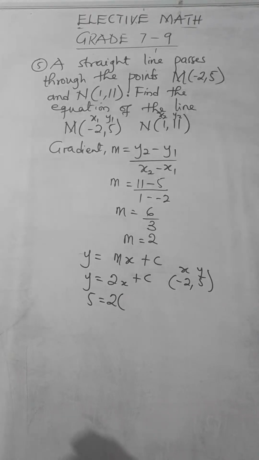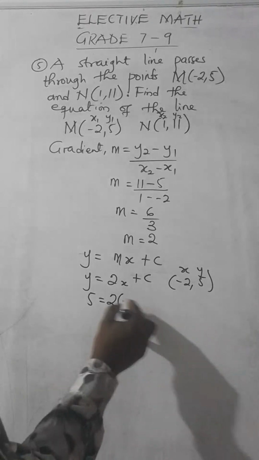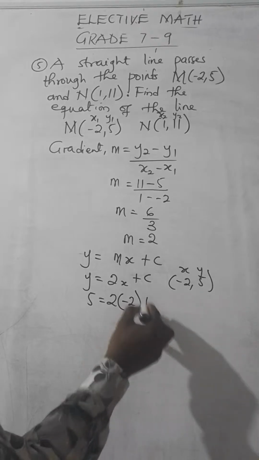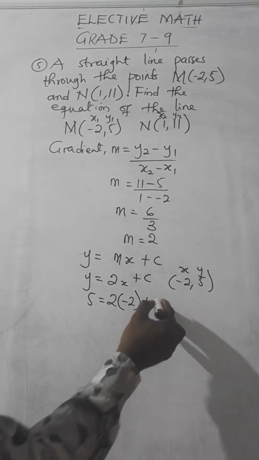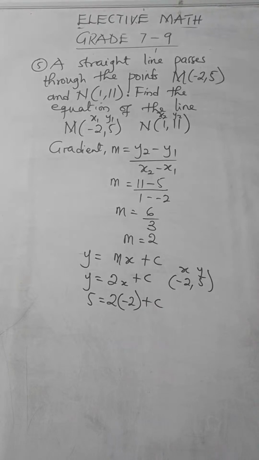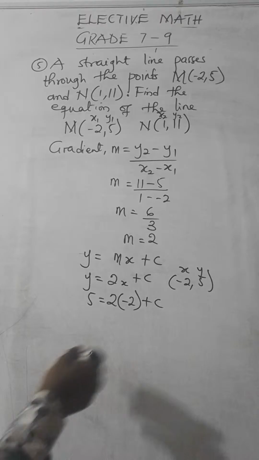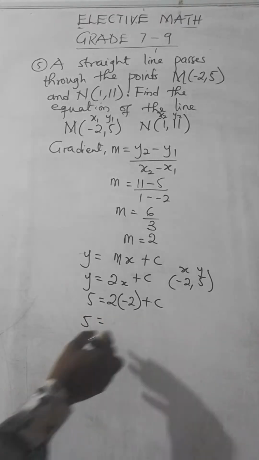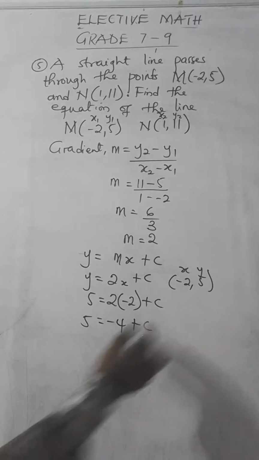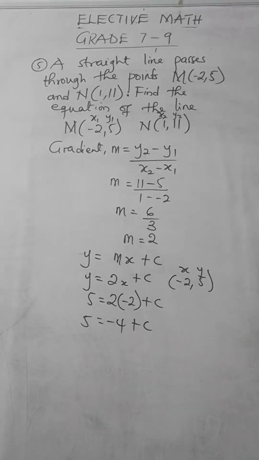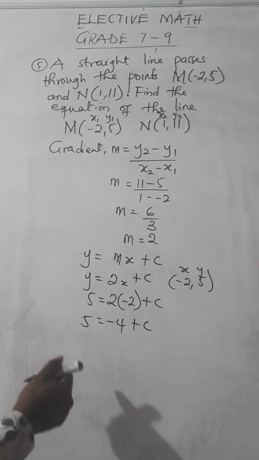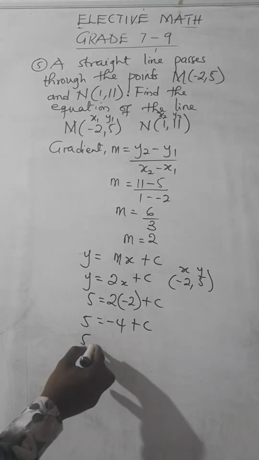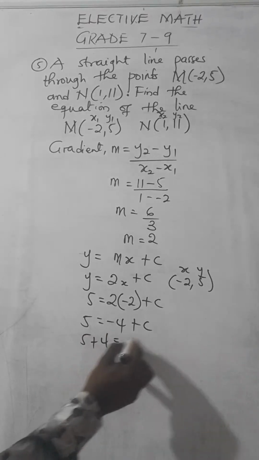So your y is 5 equals 2, then you have the x to be -2, plus c. So you substitute the first point into it to get what? The constant c. So here you get 5 equals -4 plus c. Then you transfer this one, you get 5 plus 4 equals c.